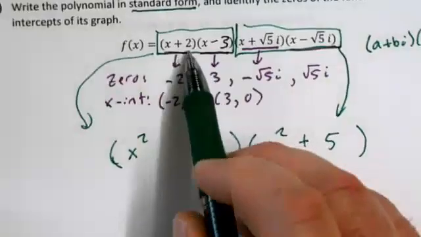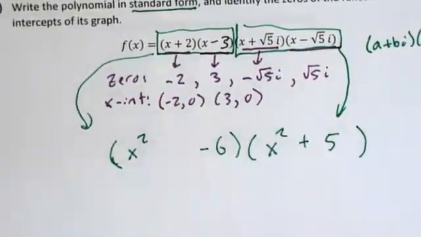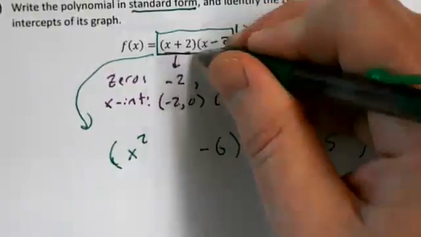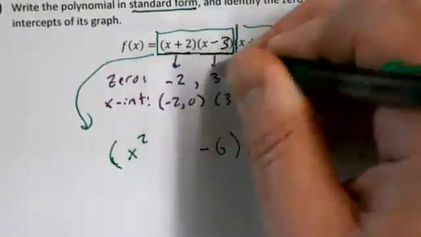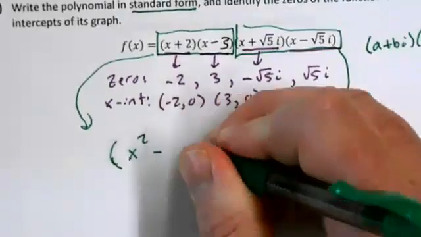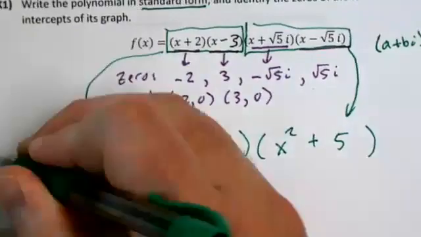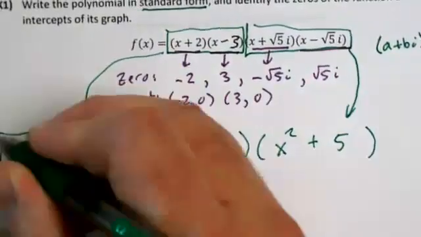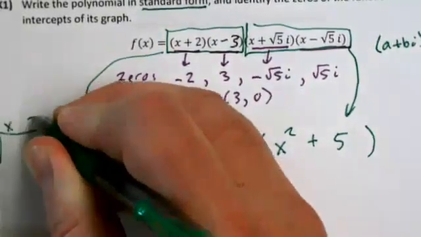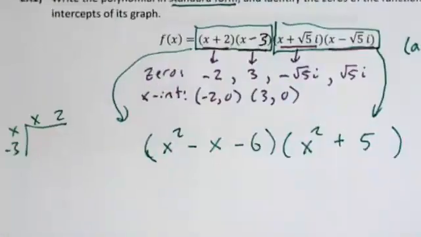My trailing term will be +2 times -3, that's -6. And I also have a 2x and an x times -3 is -3x. 2x minus 3x is -1x. If you prefer to do that by drawing a box or writing out the whole FOIL thing, you can do it that way. It takes a little bit longer, but you're going to get to the same thing.